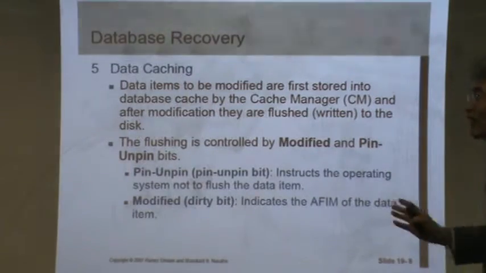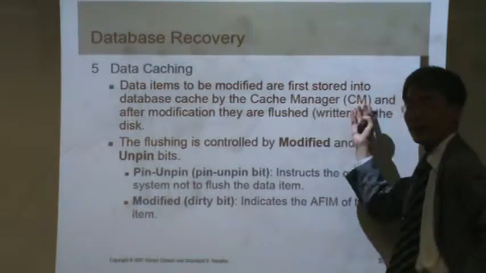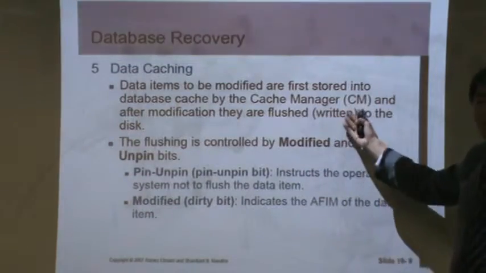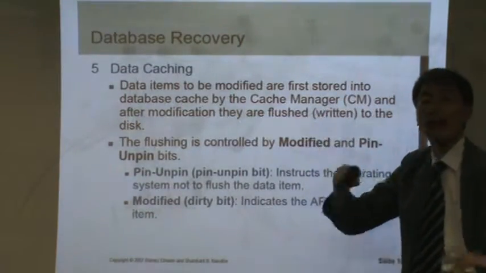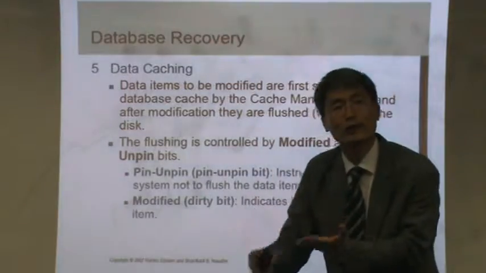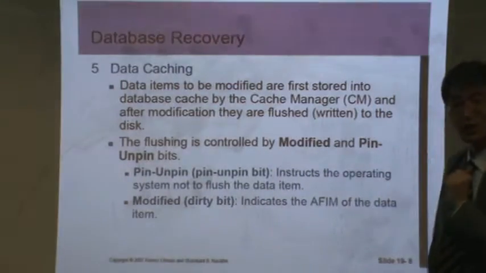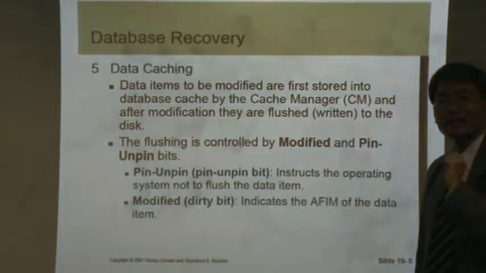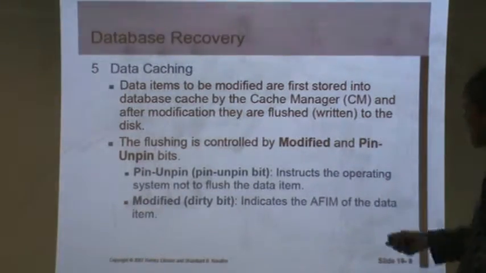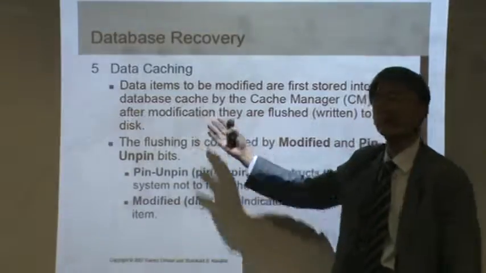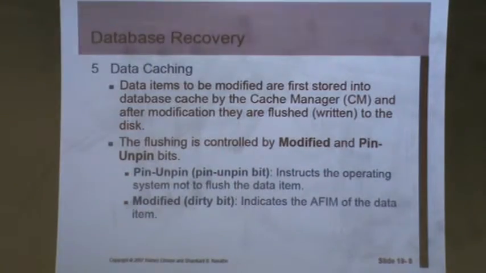But in the database it's too much detail, though they have their own algorithm to manage the list of buffers. The idea is, if a block is used recently, you keep it at the front. Then from time to time, the modified data will be flushed, applied to the hard disk drive. That's the main job of the database cache.